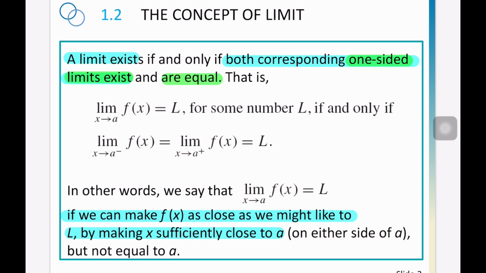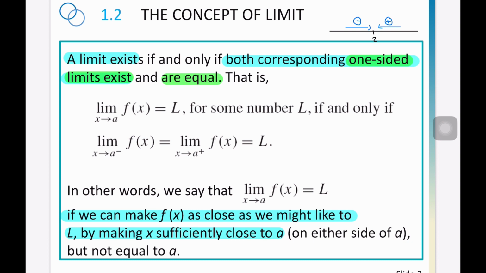Let's go back to the example of 2. We're approaching 2 from both sides, positive and negative, so a limit exists only if both of them exist and both are equal to each other.